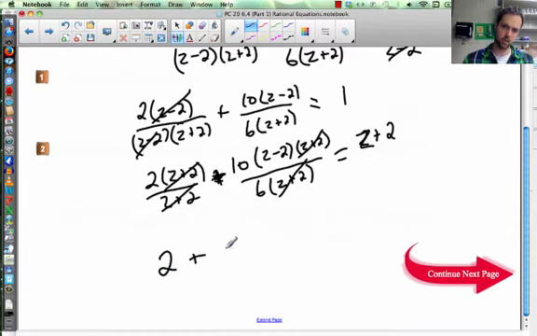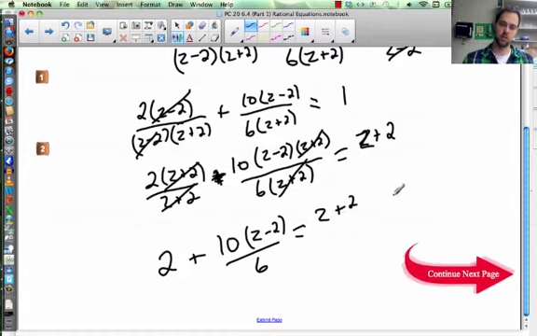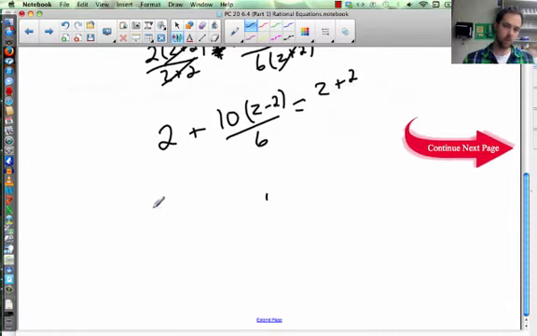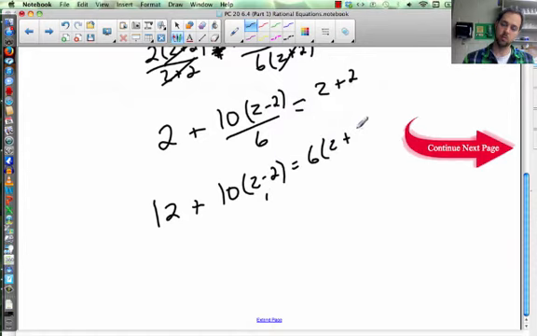2 plus 10 times z minus 2 over 6 equals z plus 2. Now we only really have one more denominator to get rid of, and it's a 6. So multiply everything by 6. So we get 12 plus 10 times z minus 2 equals 6 times z plus 2.